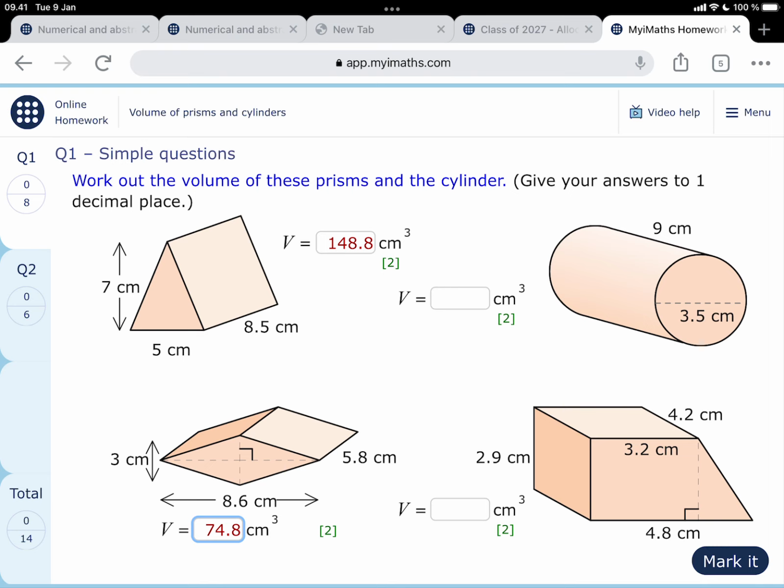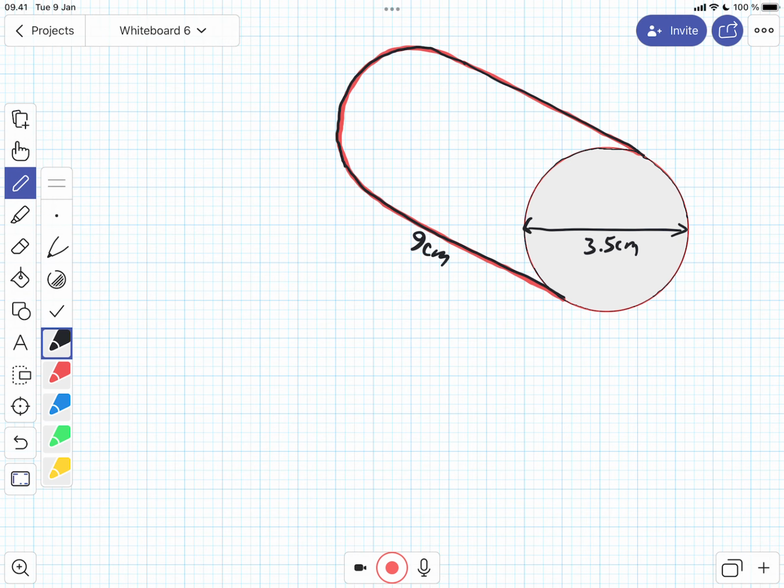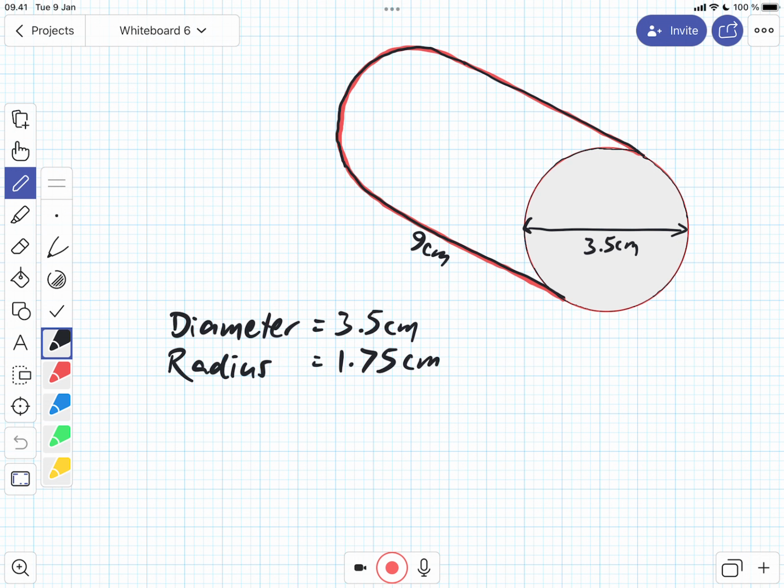74.8. And the next one's a circular prism, or a cylinder, in other words. So I have a not particularly brilliant representation of this cylinder that I've drawn. The diameter is 3.5 centimeters. So the radius is half of that, 1.75 centimeters.